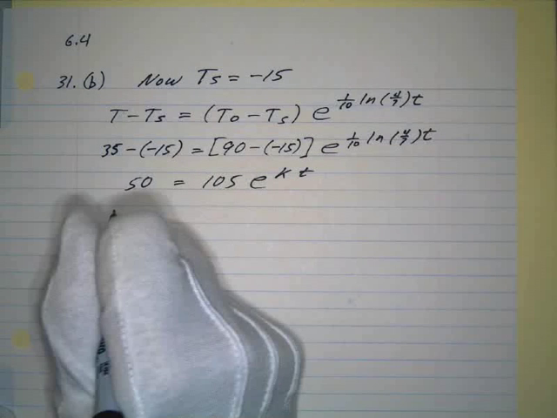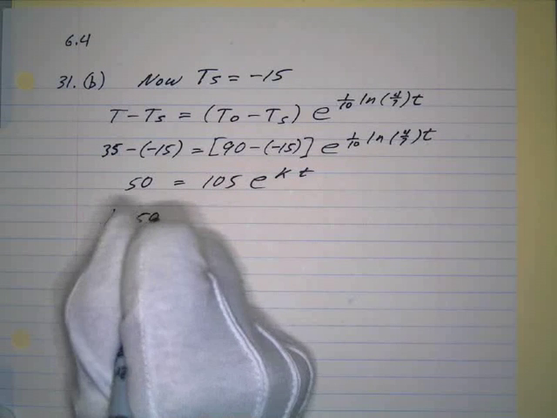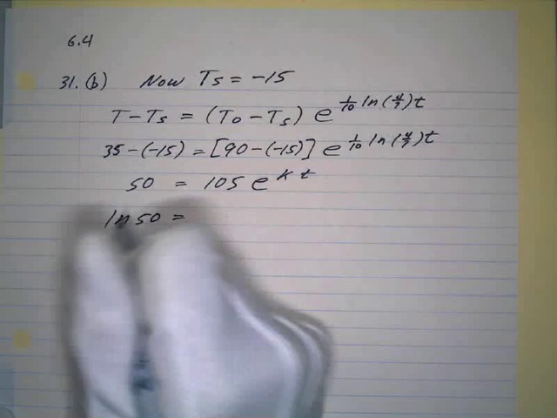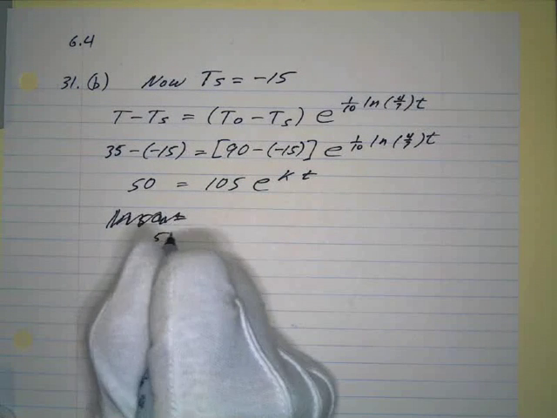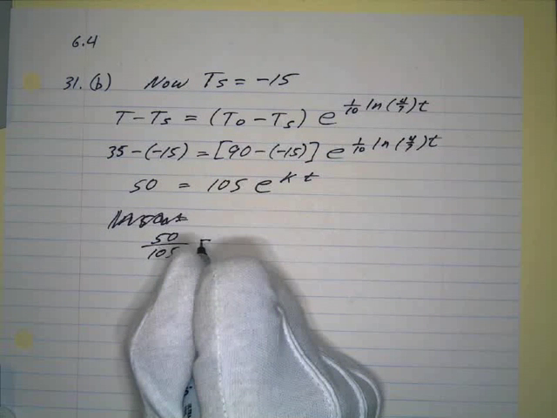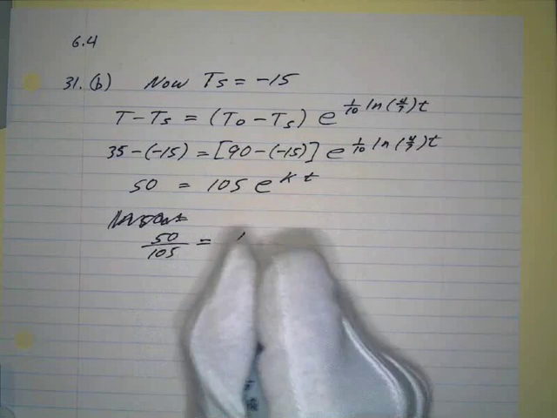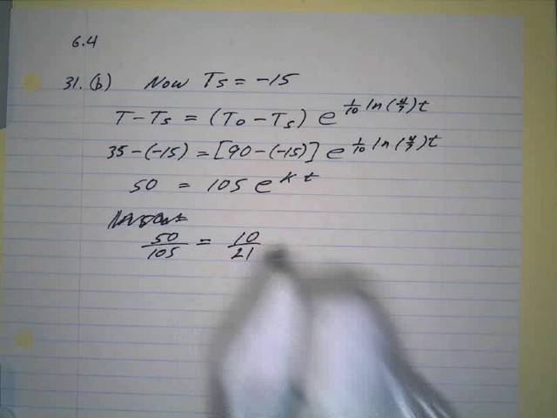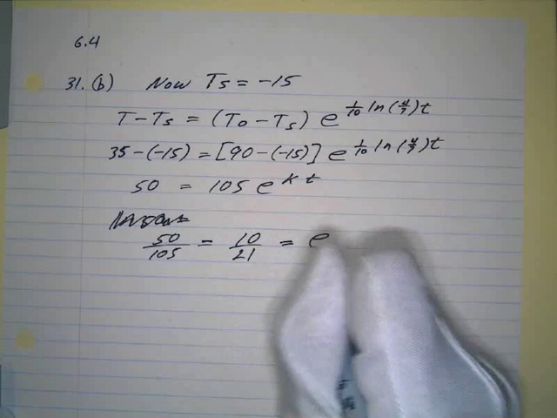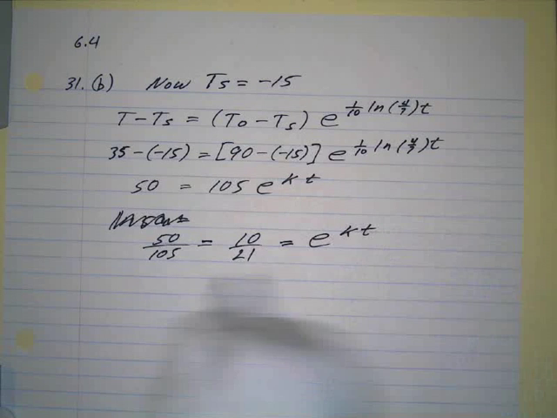I take the natural log of both sides, so the natural log of 50 equals, oops, error. First of all, I have to divide by 105, so I've got 50 divided by 105. And I can reduce that to be 10 over 21, and that equals e to the kt. Now take the natural log of both sides.